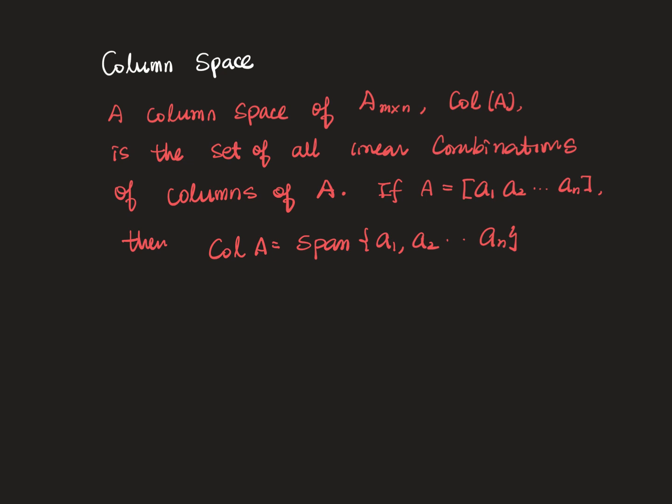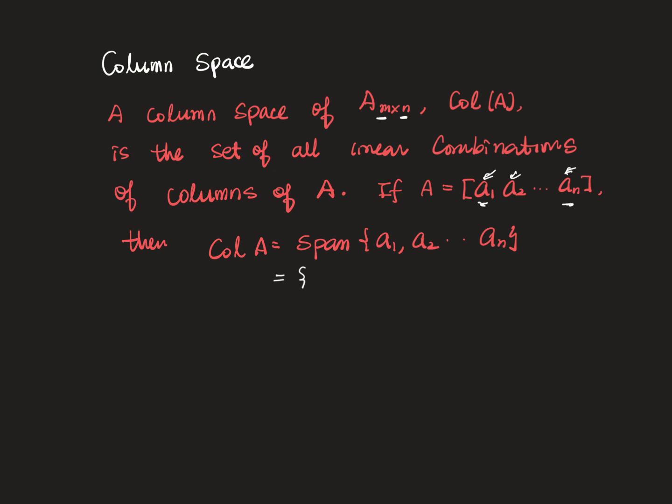So what is the column space of matrix A, guys? The matrix is going to be m times n. So this is the size, so we can write the matrix as column vectors, a1 to an. So that's the matrix A, and these are the columns of A. Then we find the linear combination of the column vectors, which we call the span.